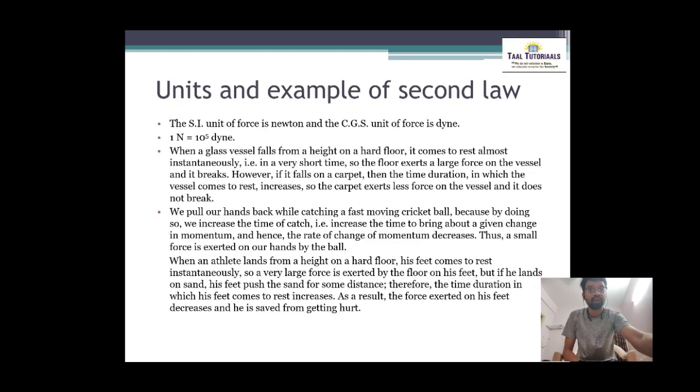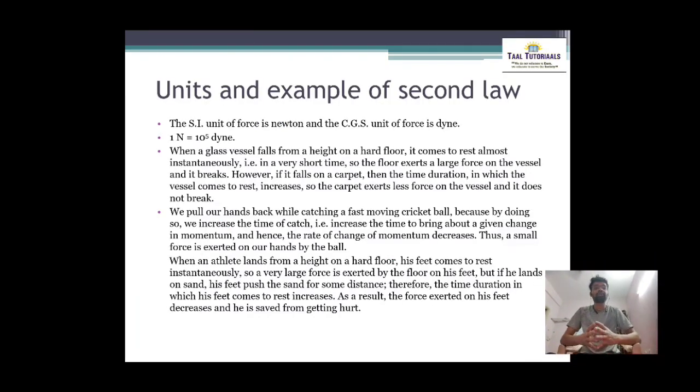Before going into the units and examples of the second law: the SI unit of force is the Newton and the CGS unit is the dyne. 1 Newton is equal to 1 kg meter per second square, and 1 dyne is equal to 1 gram centimeter per second square. If someone asks you for the relationship between Newton and dyne, 1 Newton is equal to 10 to the power 5 dyne.